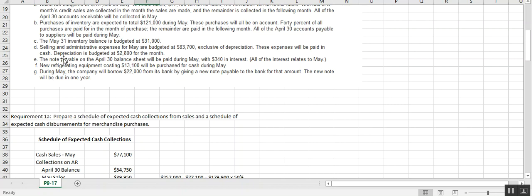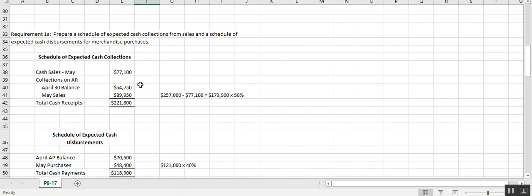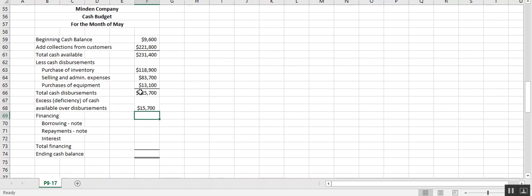Item E has to do with a note being paid, and G looks like it is a note that's borrowed on. So let's do G first. It says during May, the company will borrow $22,000 from its bank by giving a new note payable to the bank for that amount. So they're getting $22,000, so that's a cash inflow. So that is a borrowing coming in.